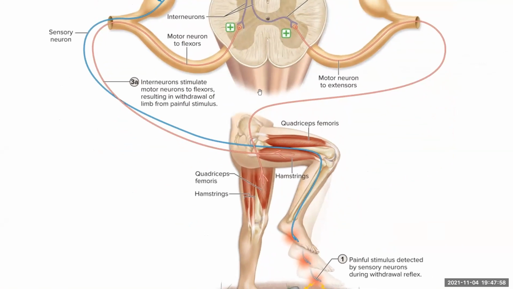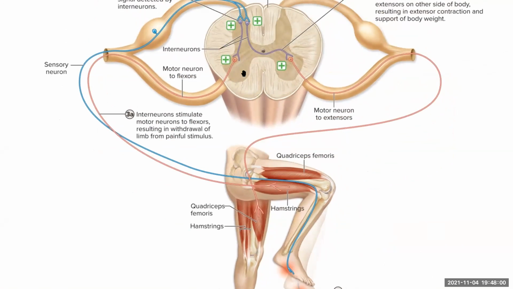Now, it's not on this picture, right? But also at the same time, the interneurons will inhibit the alpha motor neurons that are going to go to the extensor group. That would be the quadriceps femoris group here, and it would inhibit and shut these muscles off.